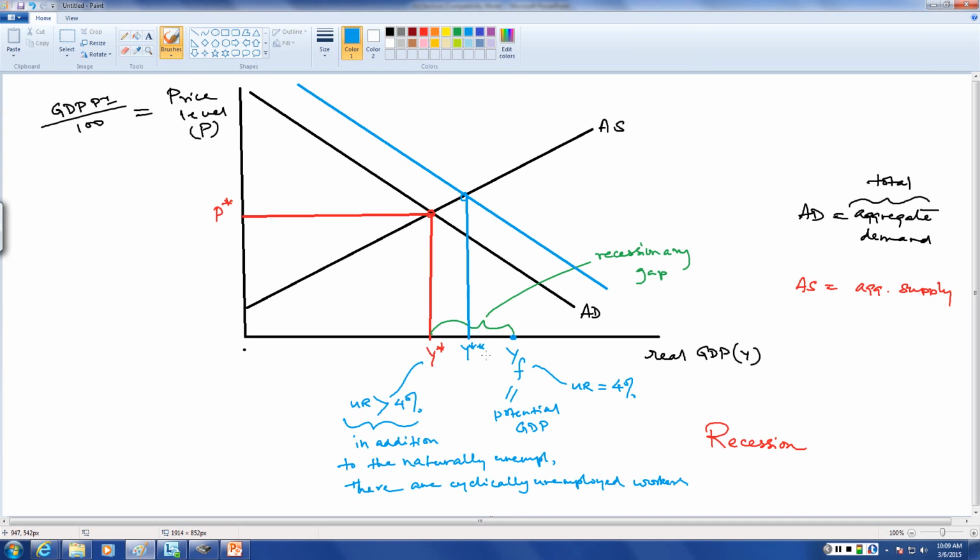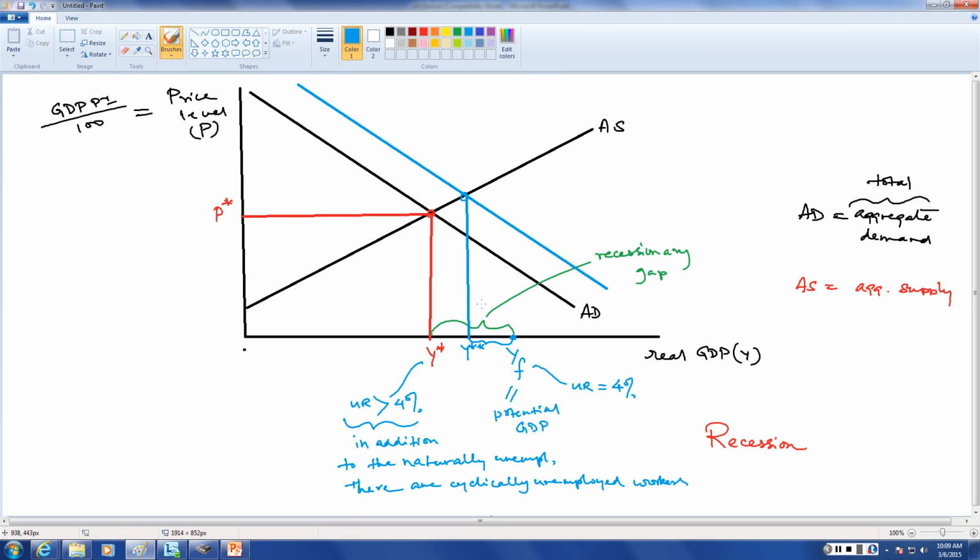And what has happened to the size of that recessionary gap? The recessionary gap is now smaller than it was. Am I correct? And in fact, if demand was stimulated enough, the recession might be entirely eliminated. In other words, the economy could be brought back to full employment, right?